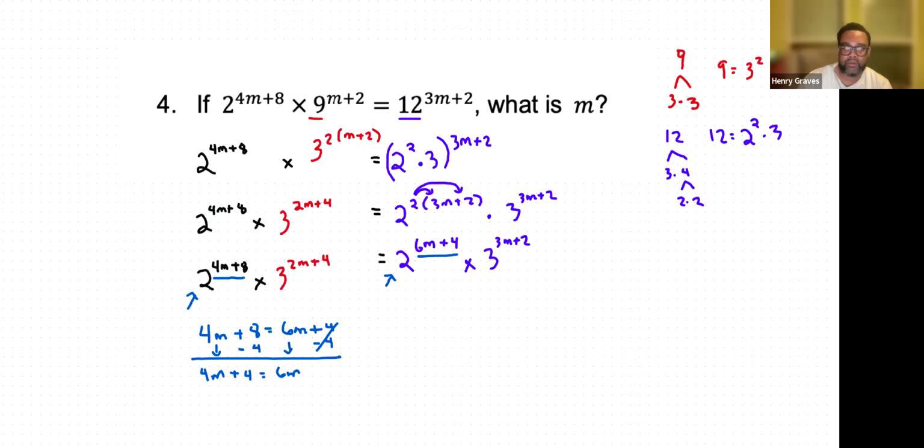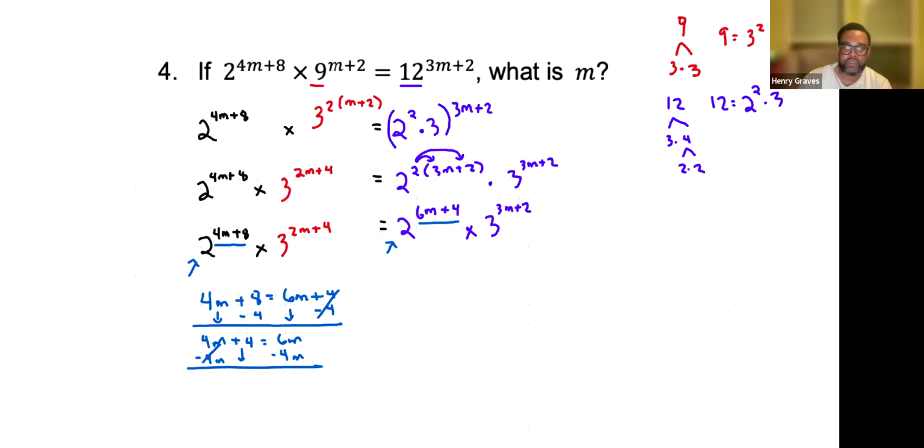I'm going to subtract 4m on both sides. When I do, this now becomes 4 is equal to 2m. And then I'm going to just divide both sides by 2, because the opposite of multiplying by 2 is to divide by 2. So m is going to equal 4 over 2, which is going to be 2.